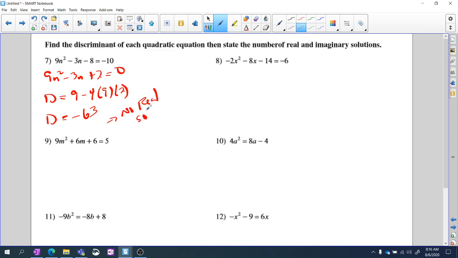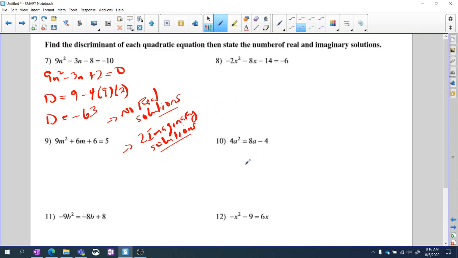Now up here in the descriptor, it wanted us to say the number of real and imaginary. So there's no real solutions, but there'd be 2 imaginary solutions. And the only way you'll ever get imaginary solutions is if the discriminant is negative. Any other situation, there are no imaginary solutions.